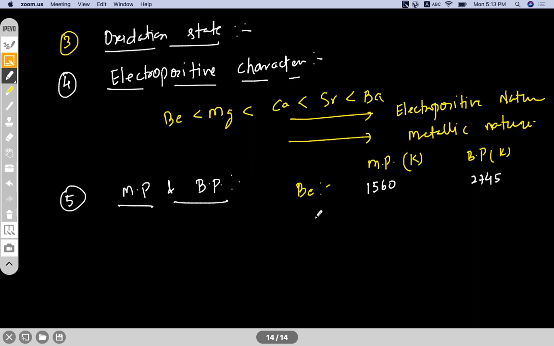Okay, then we have magnesium, calcium, strontium, and barium. So for magnesium, it is 924, and this one is 1360. You see, it becomes almost half the value, right?